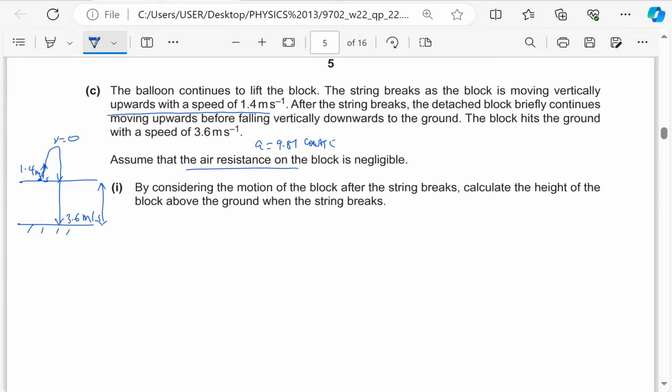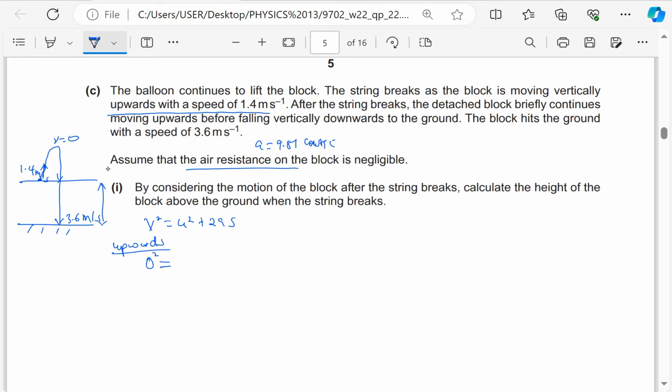Okay, so I'm going to just break this into two parts for simplicity. I will find the distance upwards, I'll call it h1, and I'll use v squared equals u squared plus 2as. So I'm considering it going upwards to the maximum height, where the velocity at the highest point is 0.